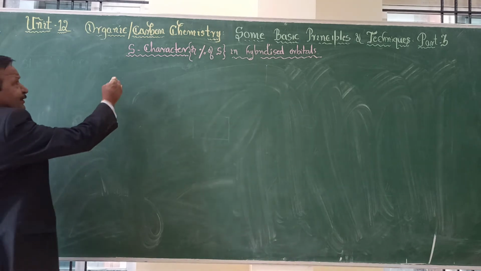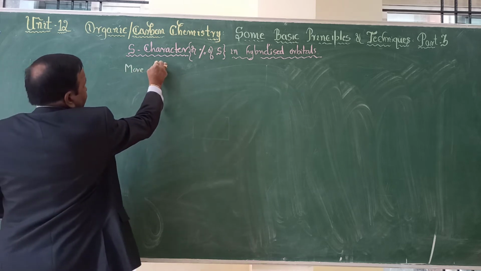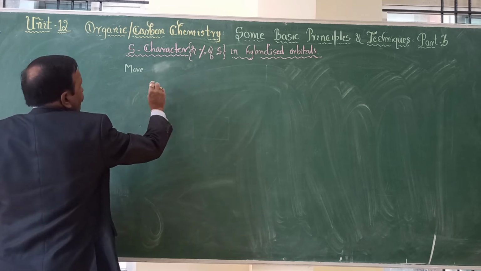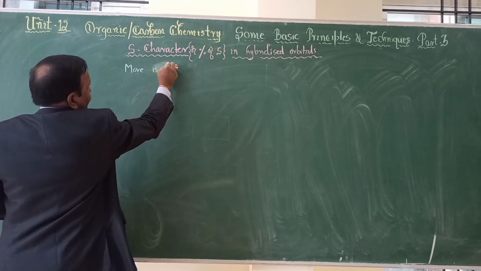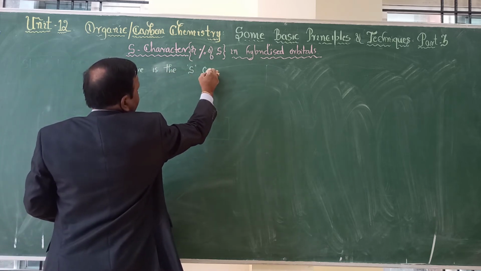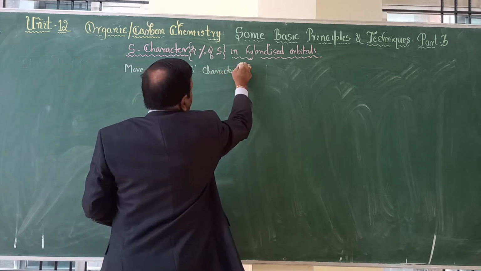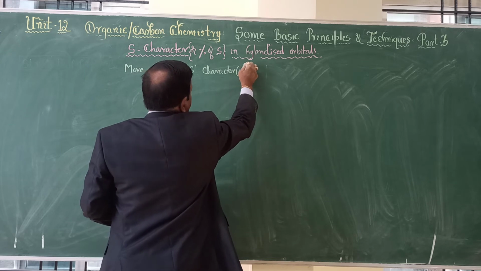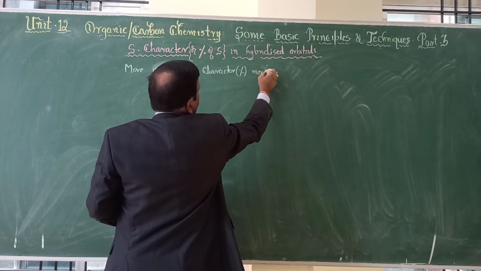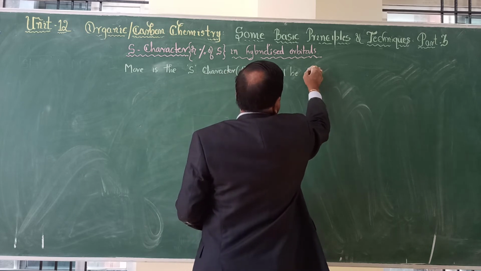The reason is, the more the S character in hybrid orbitals, the more the S character or percentage, the more will be the electronegativity.